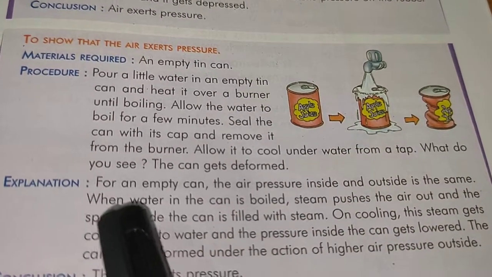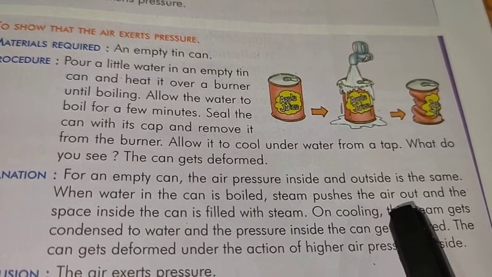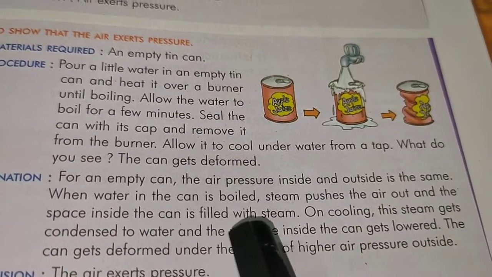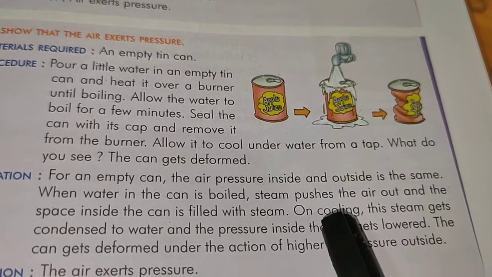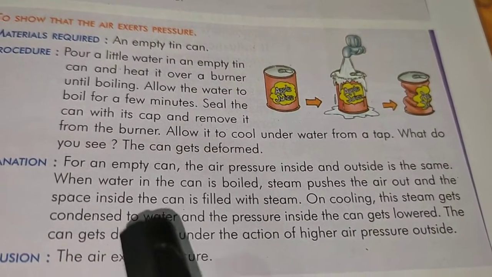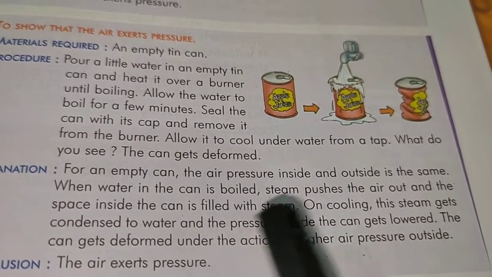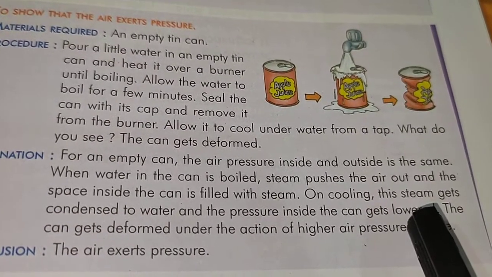But when the water in the can is boiled and steam pushes the air out of it, the space inside the can is now filled with steam. On cooling, this steam, as you know, gets condensed to water due to the process of condensation, and the pressure inside the can gets lower.